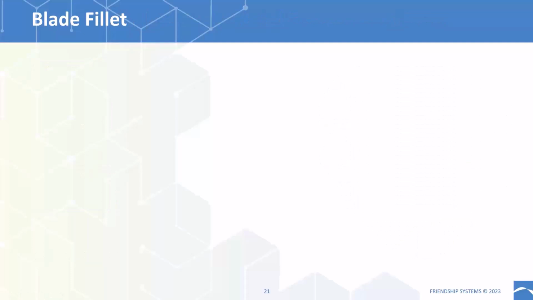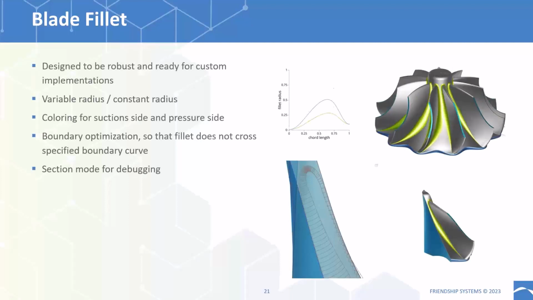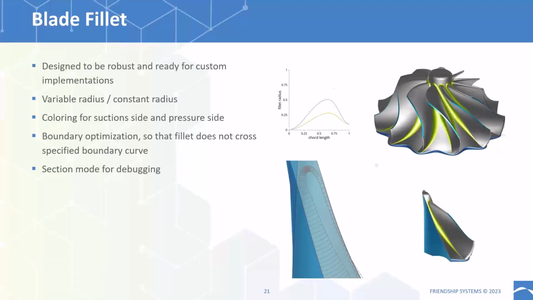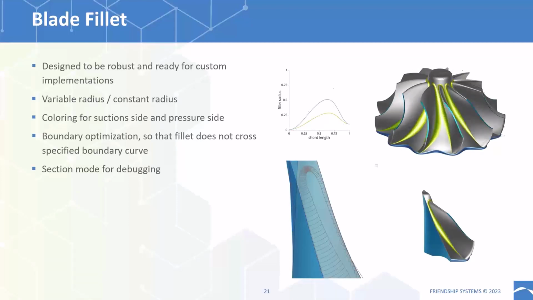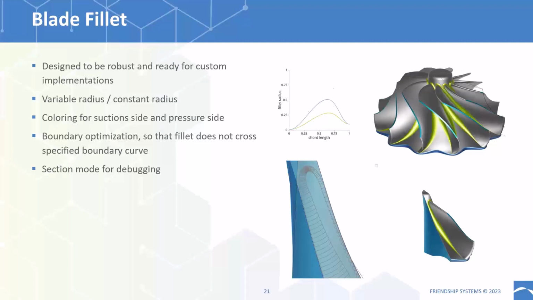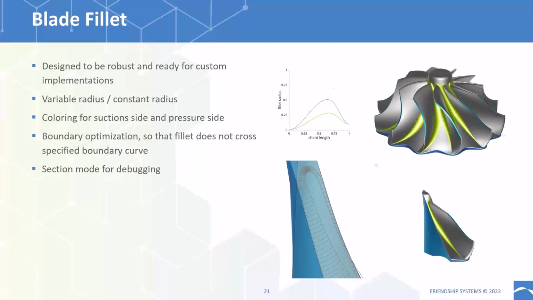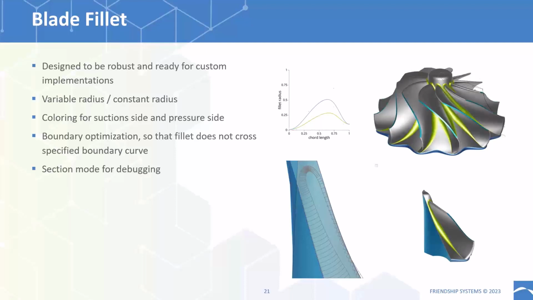Another thing that we have intensively worked on is filleting capabilities. We have added specifically a so-called blade fillet, which is designed to be very robust in terms of variation of the geometry and ready for any type of custom implementations.